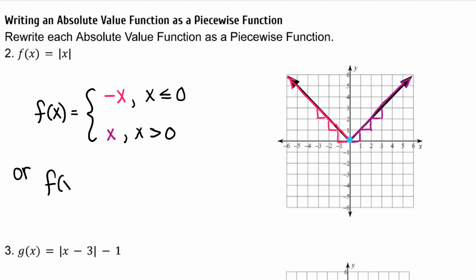Or you could specifically define that vertex point as a third piece of your piecewise function. Both of these would be acceptable ways of writing this absolute value linear function as a piecewise function.